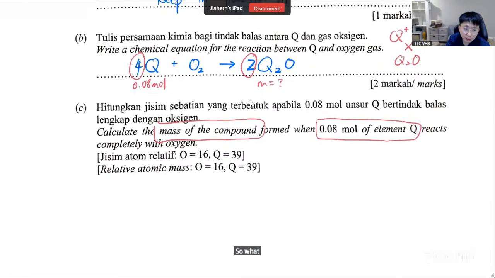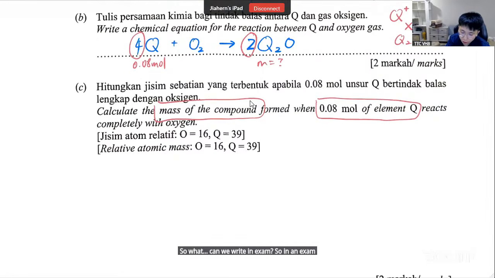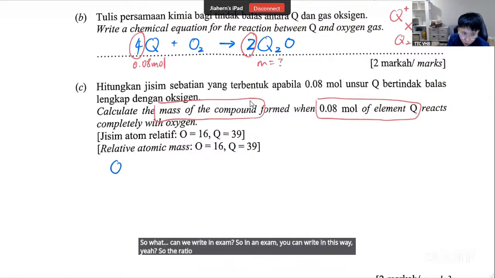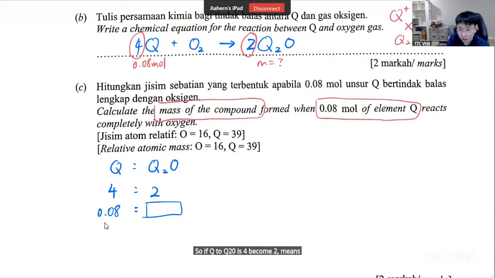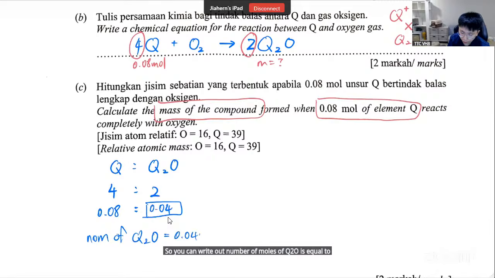So what can we write in the exam? You can write it this way: the ratio between Q to Q2O is 4 to 2. So if the ratio is 4 to 2, then you put 0.08. If Q to Q2O is 4 to 2, it means divide by 2, so your Q2O is 0.04. You can write that the number of mole of Q2O is equal to 0.04 mole.